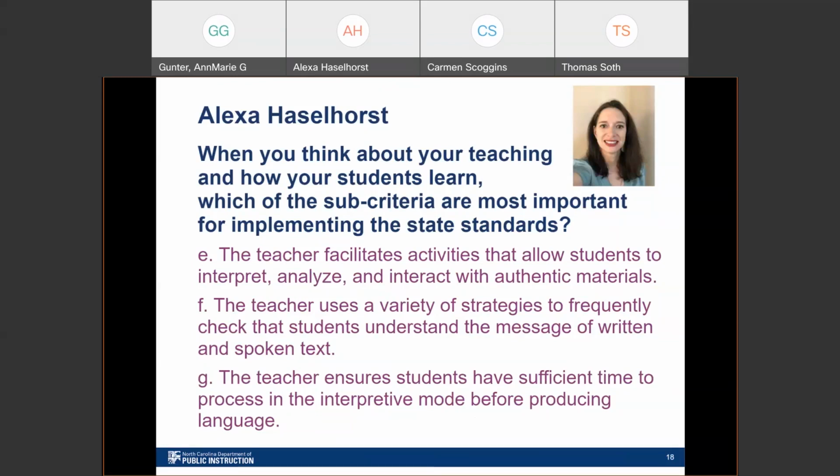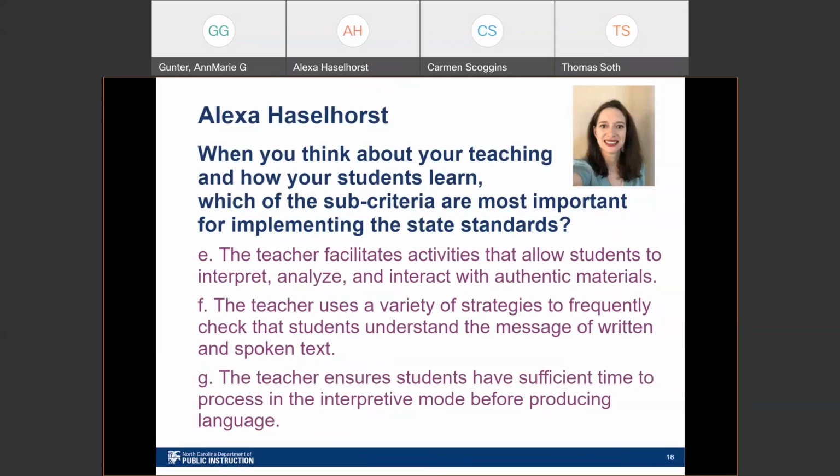So doing some kind of pre-reading or pre-listening activity, and then as they're doing the activity, having the multiple checks built in, and then afterwards letting them do some kind of reflection or thinking where they don't have to produce, they can just show that they understand before getting to the producing.